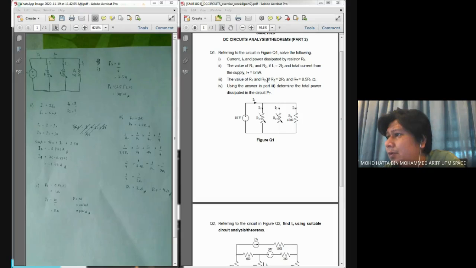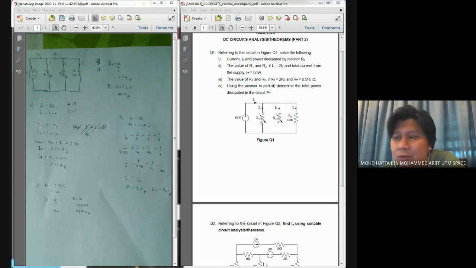And for the second question, Mohaimin got 1.66. I think it should be positive 1.66. And the answer should be 1.66 milliampere, not negative.